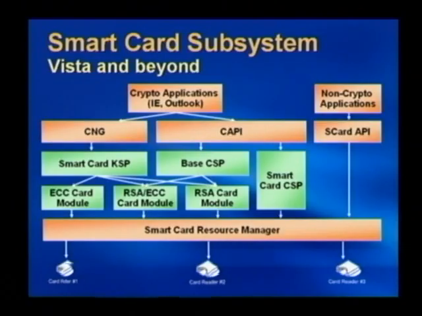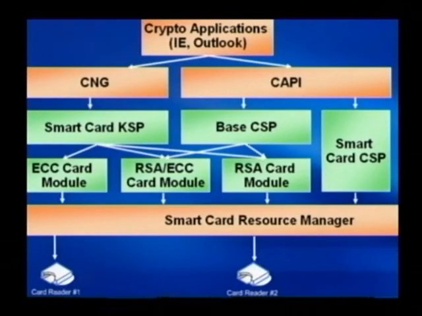So now Microsoft actually ships something we call the base CSP that includes all of the common cryptography operations that need to happen to interact with a smart card. So we do PIN management, caching, common crypto operations, and the actual smart card vendor has to write only a relatively small piece of code, which is called card module or card mini driver.